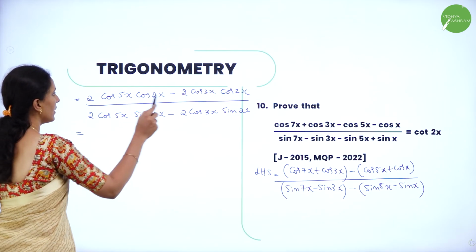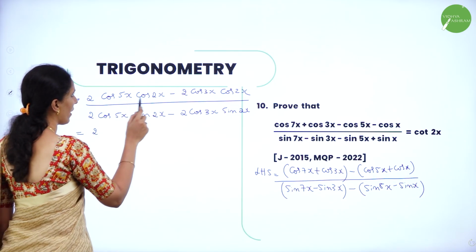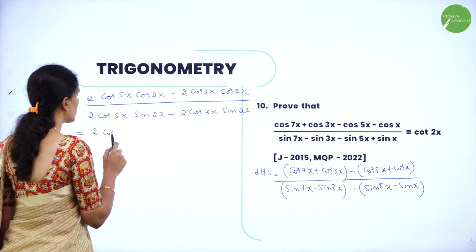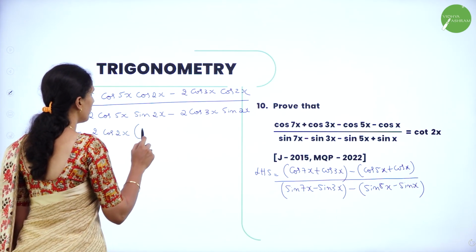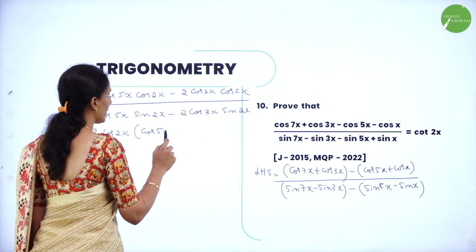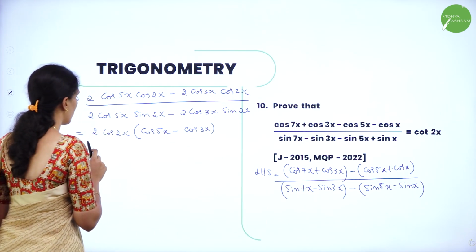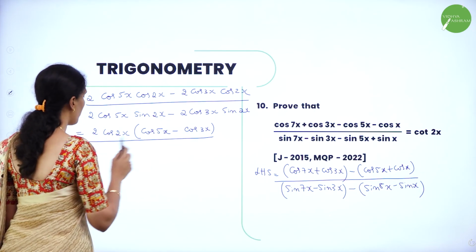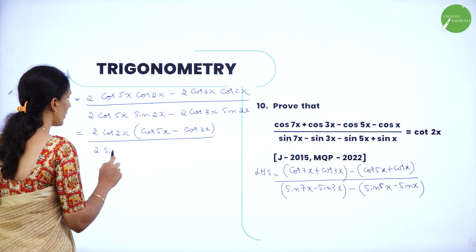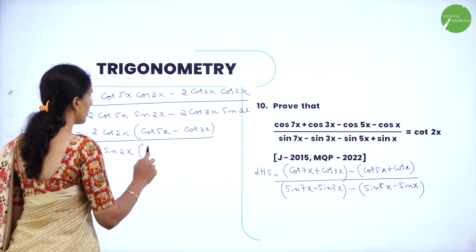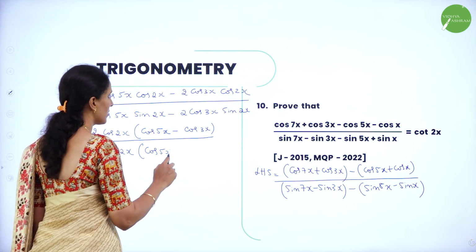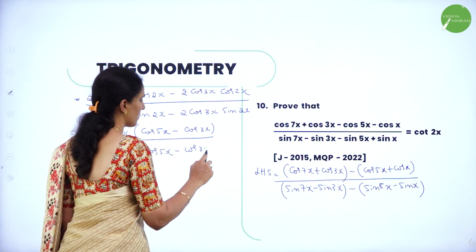So in the numerator, you have 2 as a common factor as well as cos 2x as a common factor. You will get cos 5x minus cos 3x. In the denominator, you have sin 2x as a common factor. So you will get here cos 5x minus cos 3x.